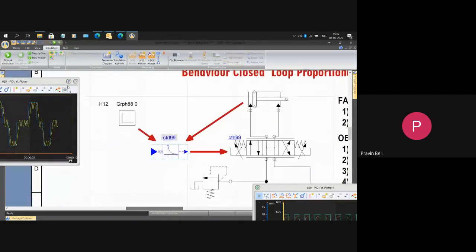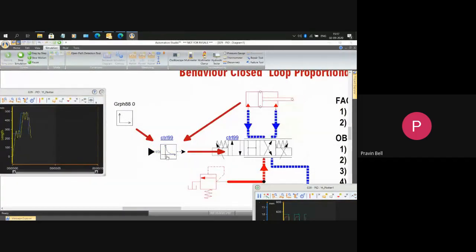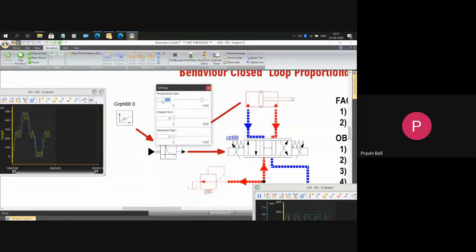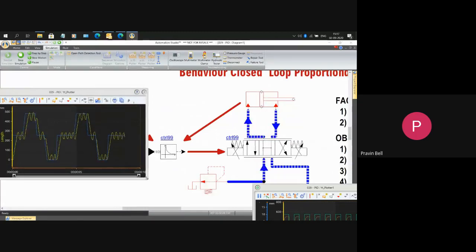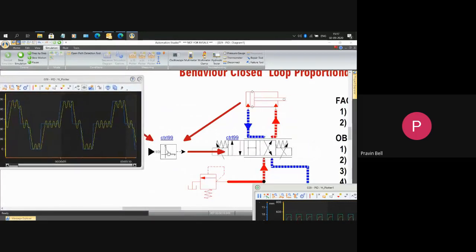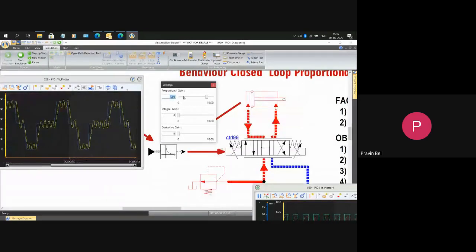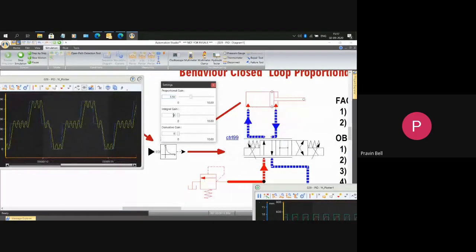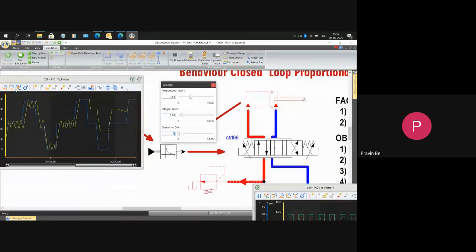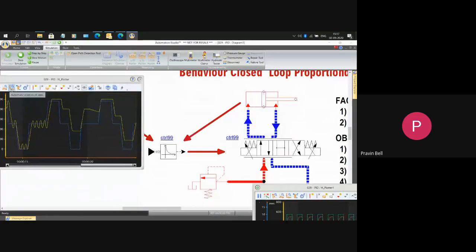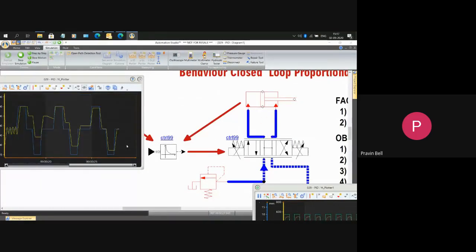So anyone who's teaching PID controls, I'll just simulate this. For a PID value of 800, we can see that the piston is oscillating like this. Then if I change the PID value to, let's say, 3.5, and put an integral gain value of 1 and 0, you can now see that the output piston is matching the input signal, which is a graph signal.